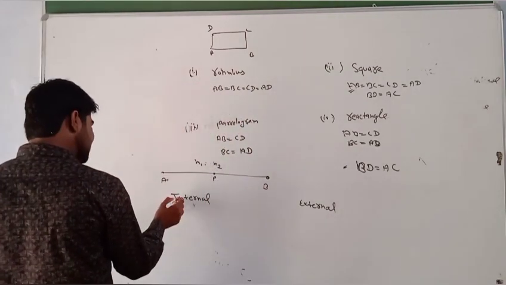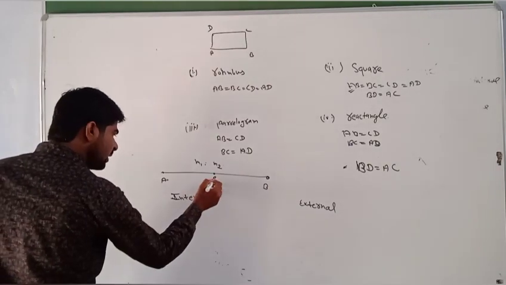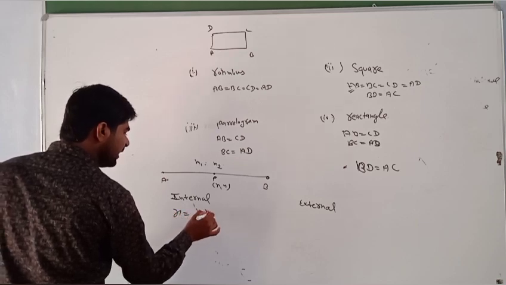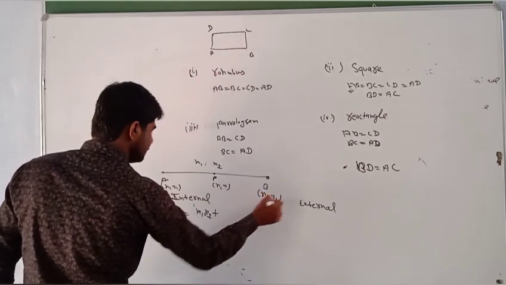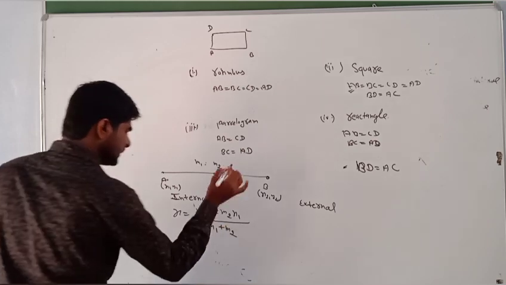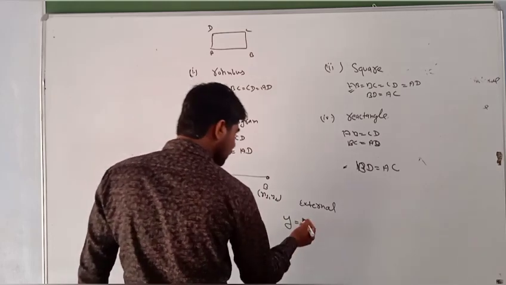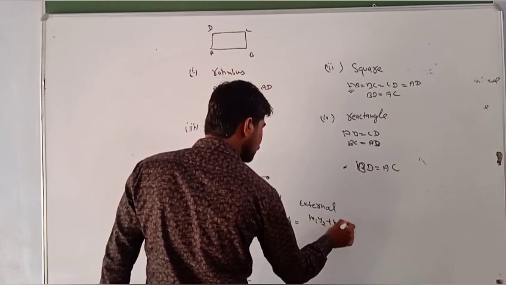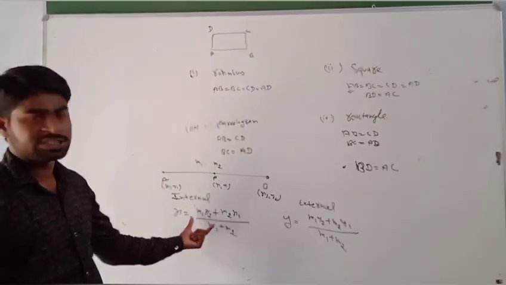So if it divides internally, then the x coordinate of P will be (m1x2 + m2x1) upon (m1 + m2). Now the y coordinate will be (m1y2 + m2y1) upon (m1 + m2). This is the case for internal division.